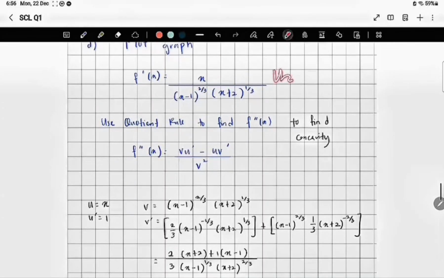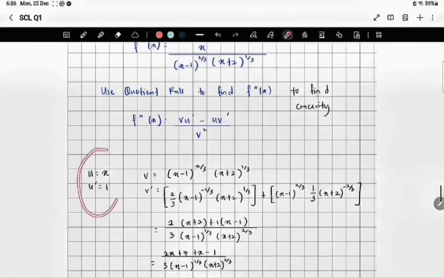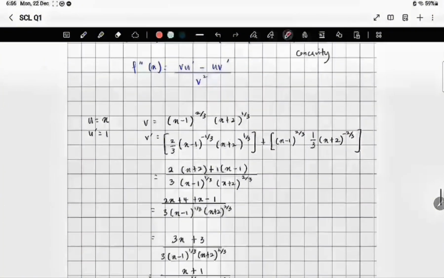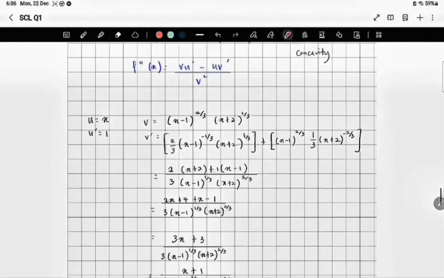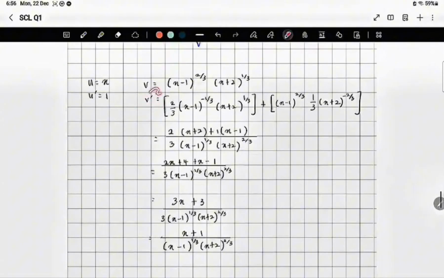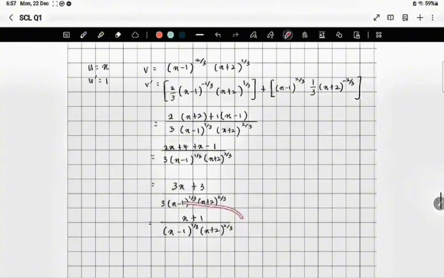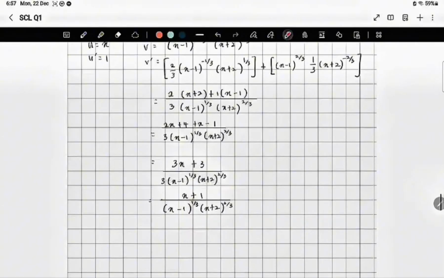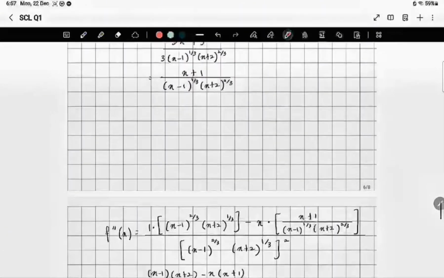The numerator will become our U, the denominator will become our V. Here I differentiate the U, our x becomes 1, and this is the V part. For this V part I use the product rule to solve for the derivative of V, and we finally get V prime here.